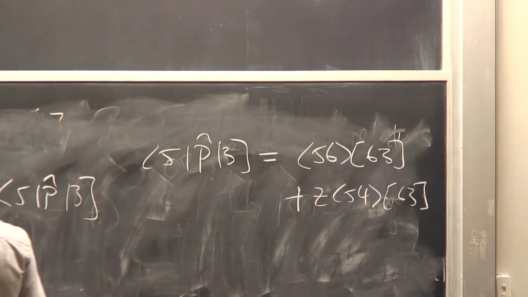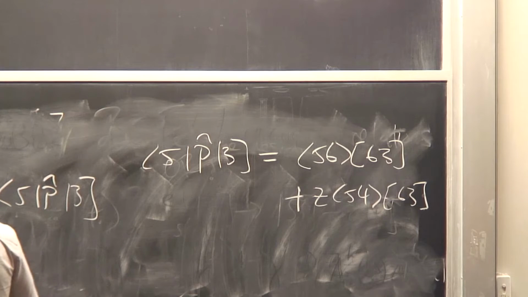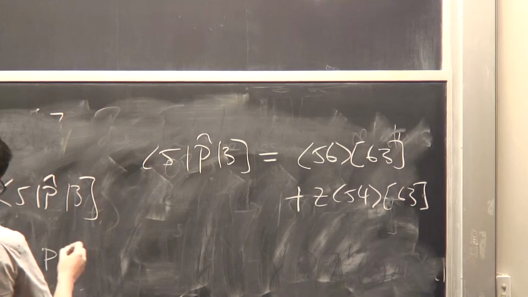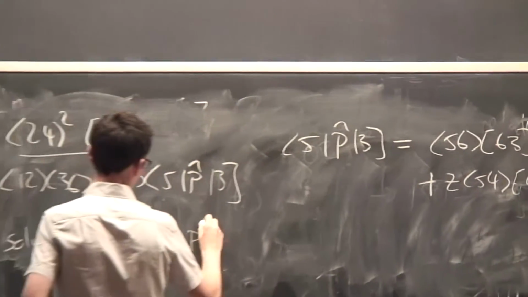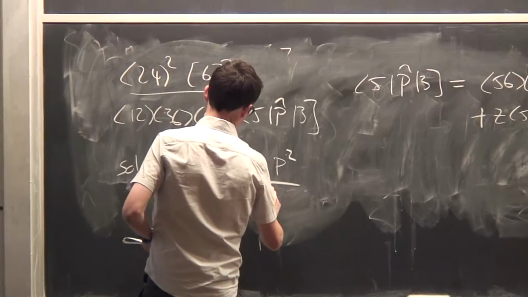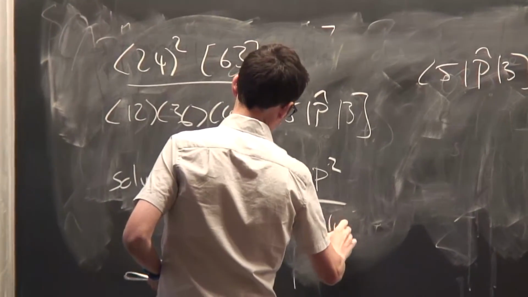And then I'm left with solving for z. So I have to solve for z using my equation, which tells me it's minus p squared divided by the derivative.